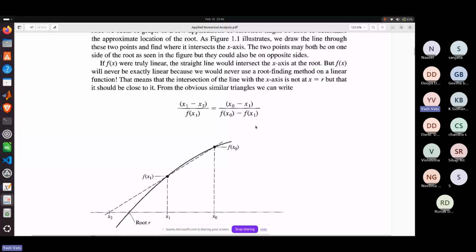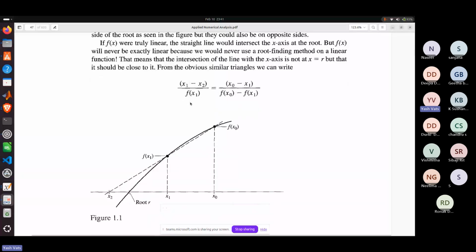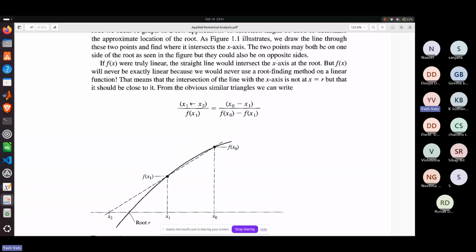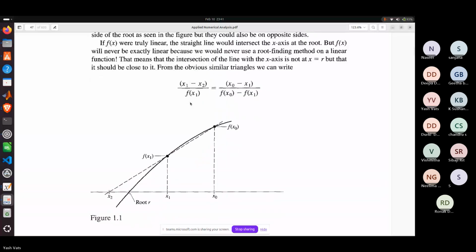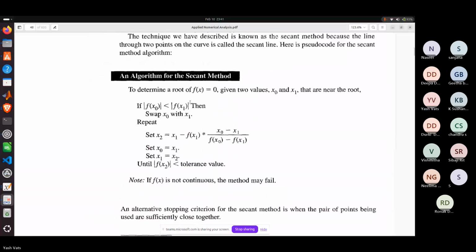Similarity just means you take the x1 minus x2 difference and f of x1. So f of x1 is the amplitude here. Just take this here for the big triangle, same, and use that property to find your x2. So everything is same except finding what is x2. So if you are comfortable with the bisection method, this method is gonna work the same.